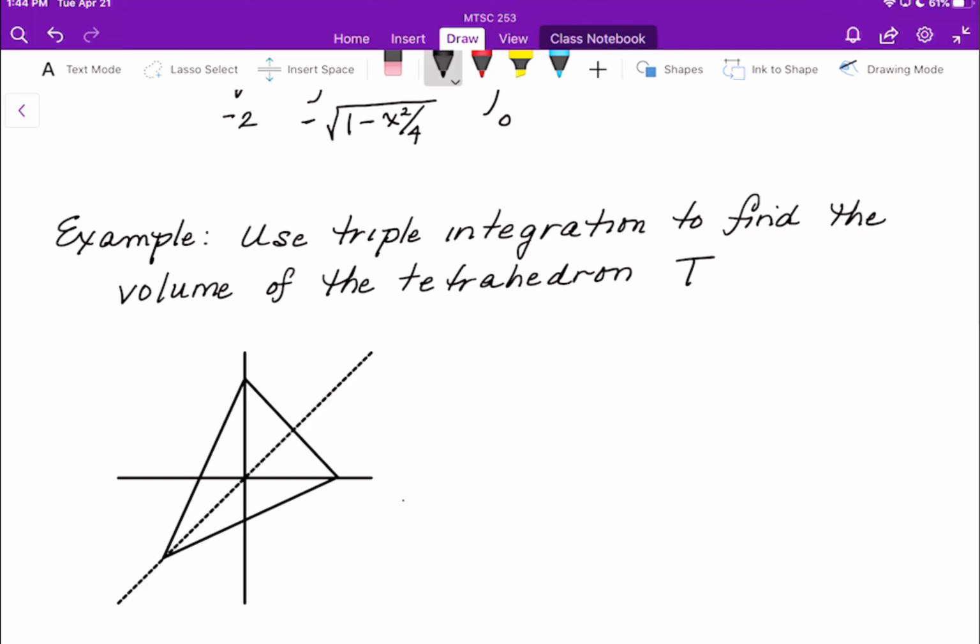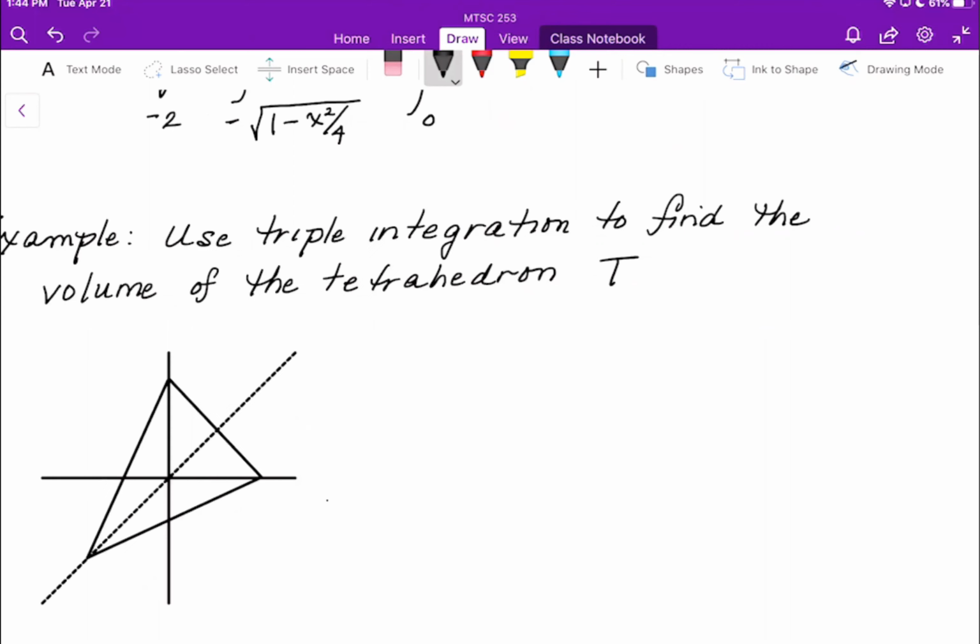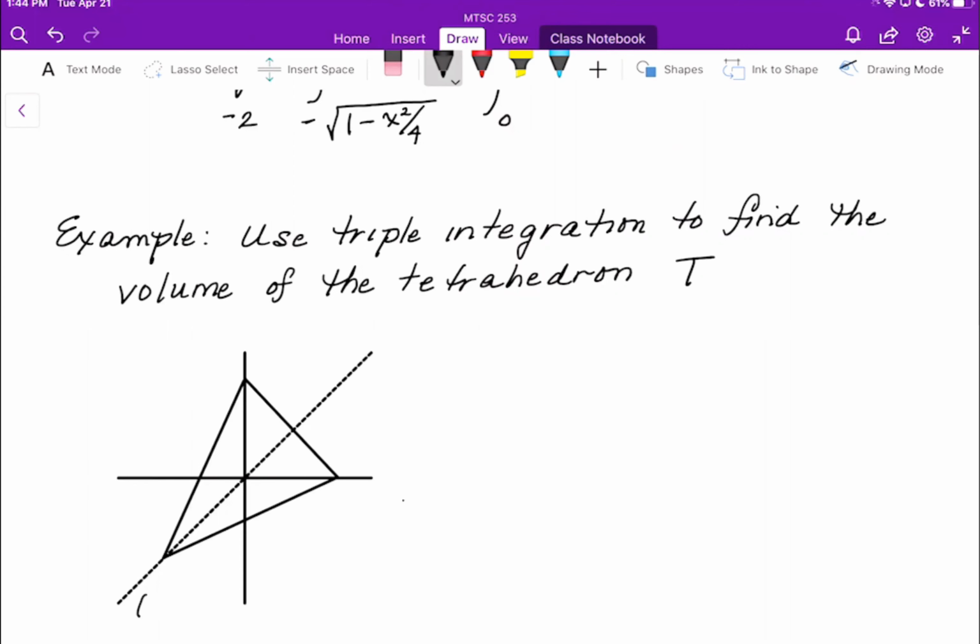Okay, so this is the tetrahedron T. This is the point 1, 0, 0. This is the point 0, 1, 0. And this is the point 0, 0, 1. Okay, so you can find out from just a little bit of work that this turns out to be the line y is equal to 1 minus x.